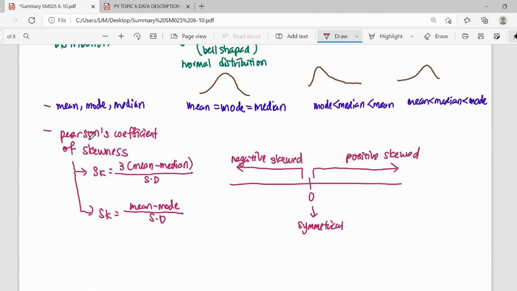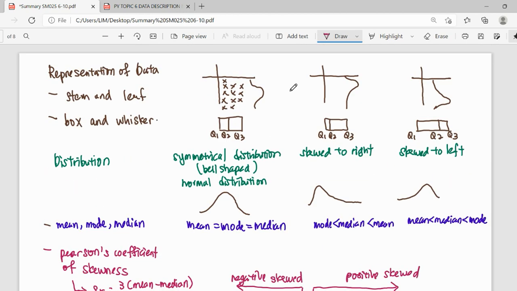So Pearson coefficient totally depends on the reading, while the other two depend on drawing to identify our distribution.